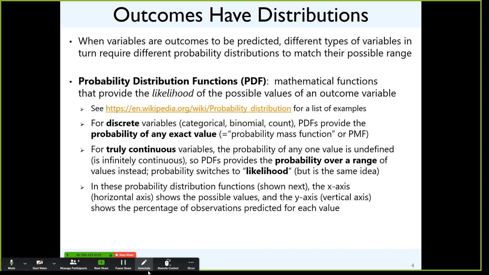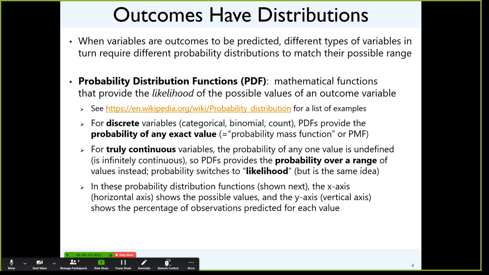They fall into two categories. There's discrete, determined by whether or not the values take non-integers. If they don't, it's discrete. If they do, it's continuous. They have slightly different names as a function of that distinction.